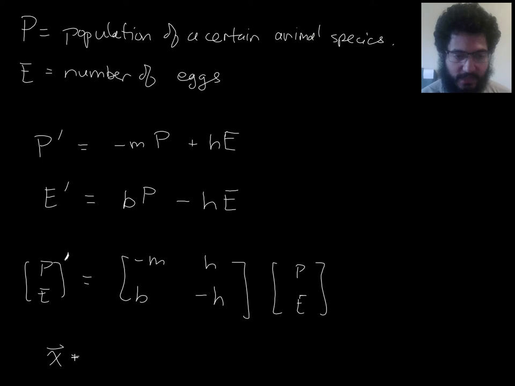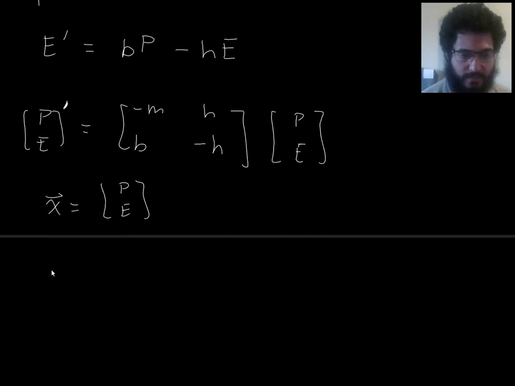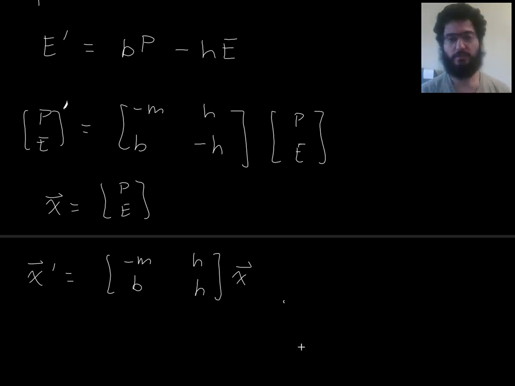So let's just say x vector is going to be P, E, these two functions of time, so that I can then write x prime equals that matrix times x. So there's our differential equation. And right now it's homogeneous. Forgot the minus sign. So right now it's totally homogeneous.